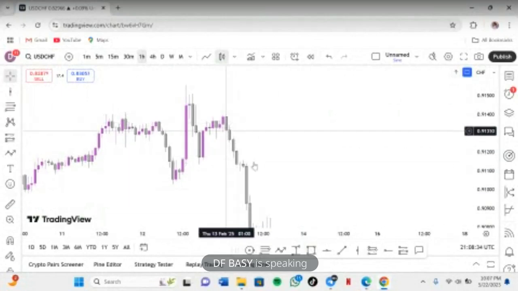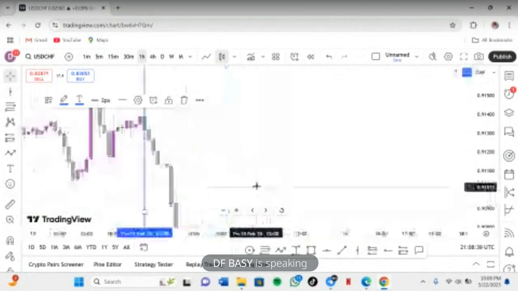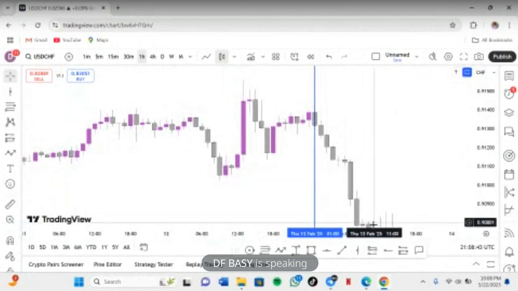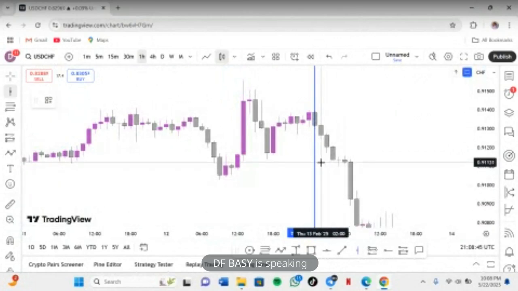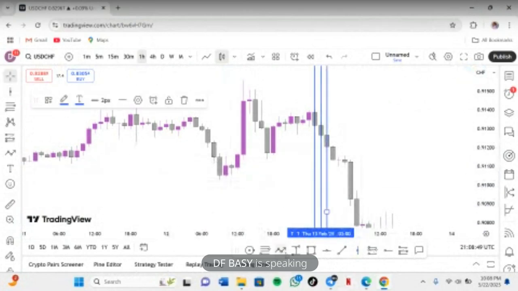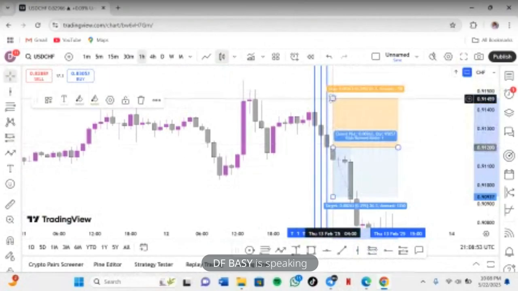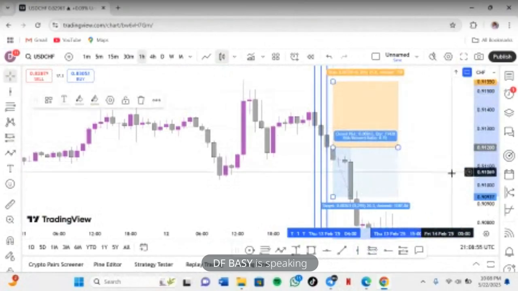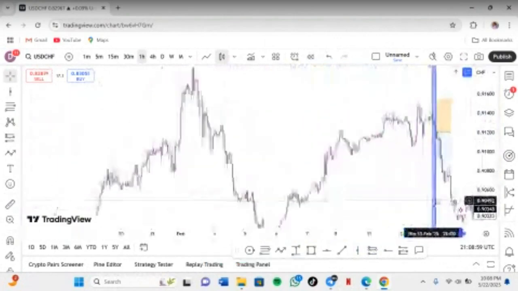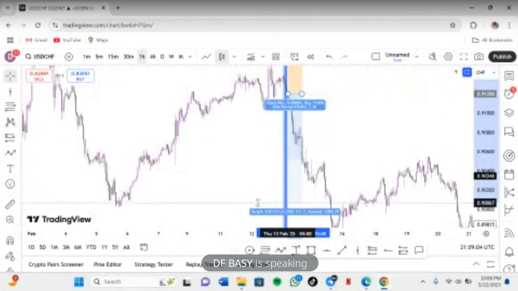You have one, two, three. Take the sell. Keep your stop loss here. Where are you targeting? Next break of structure here.